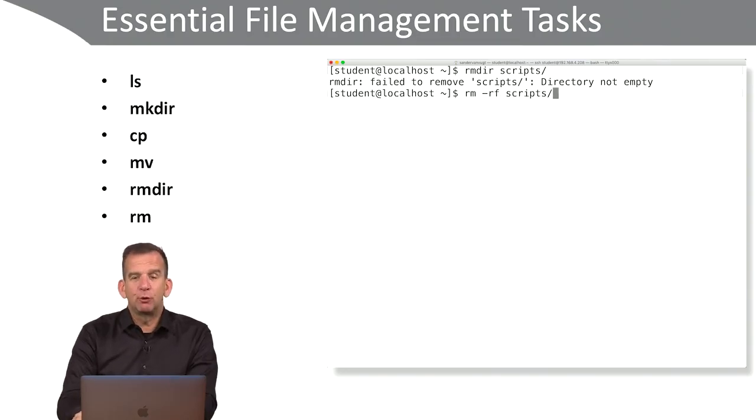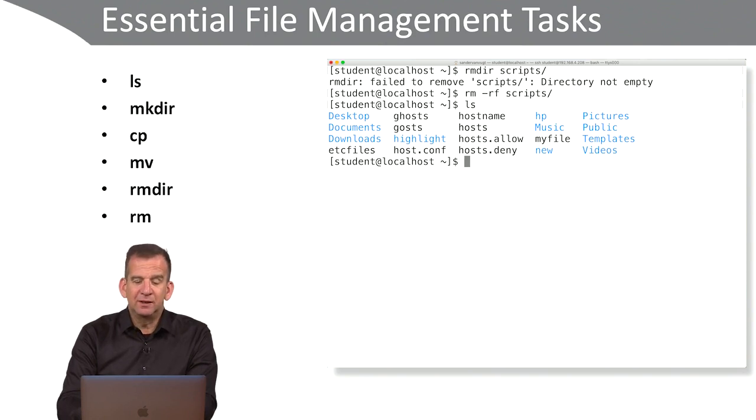And f is for force, which means that if Linux is generating warnings like, are you sure, it's going to force it and it will remove it anyway. And as you can see, it's not asking anything and the directory scripts has now been removed. Obviously, you can also use rm to remove individual files, like rm hosts.deny, for example, and it's gone.